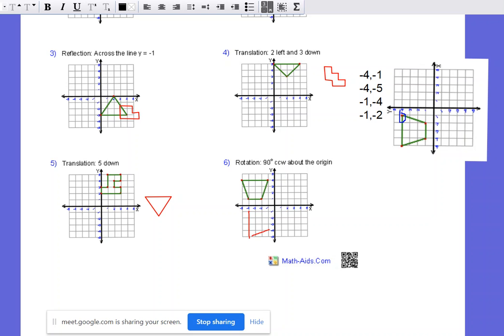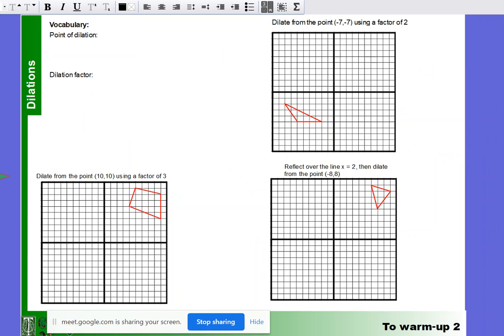It's right there. -1, comma 2. And there you go. Oh, okay. And so that's the easiest way to do a rotation. And it sounds like you got the reflections down really well. Yeah, I think I did the reflections pretty well.